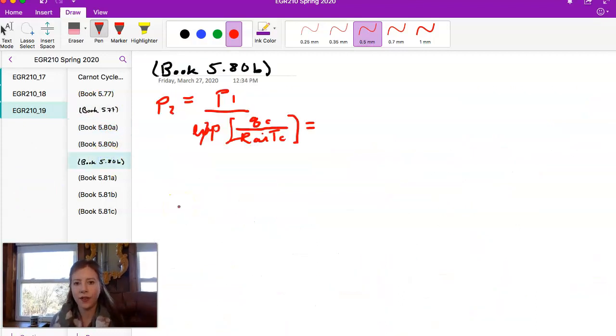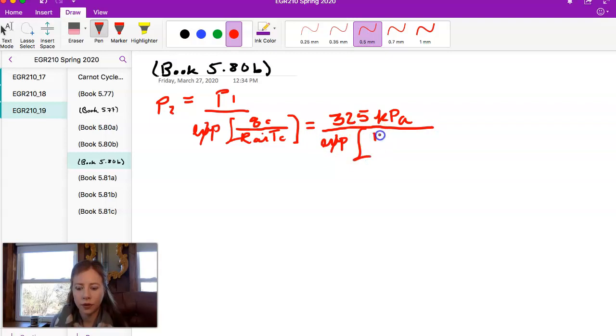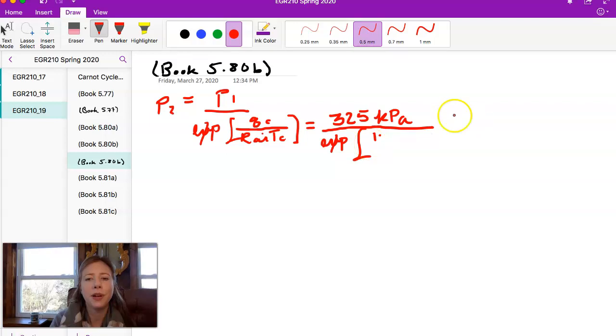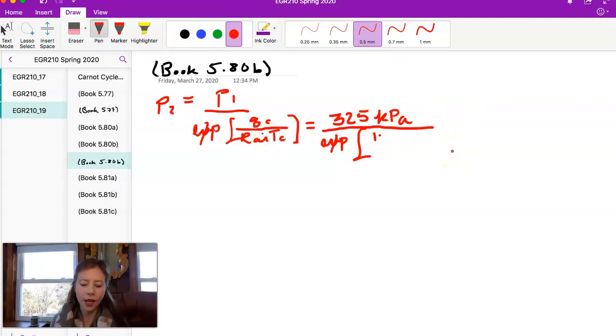And that's going to be 325 kilopascals divided by EXP. Sorry, I just got distracted. This right here is P1, the 325. And let's see, your QC is going to be 125.